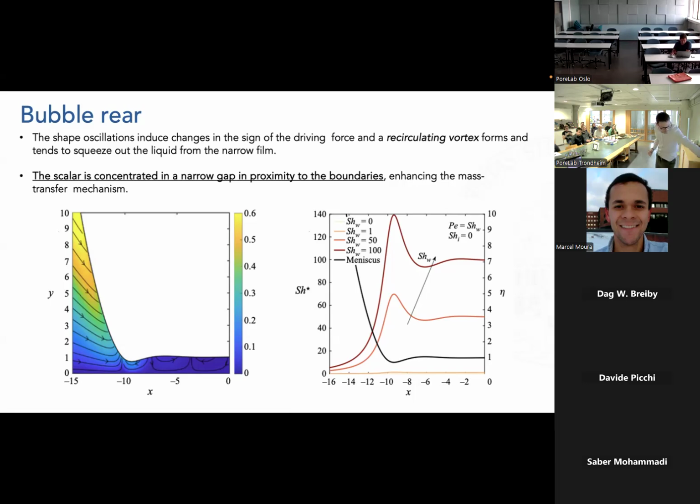So you see the formation of these recirculation vortices, and exactly at the point where you have the recirculation vortices, you see these local spikes or local minima of the superficial mass transfer. So at the end, most of the interesting dynamics in terms of mass transfer appears in the uniform film and in the back, where we see these recirculation vortices, which actually enhance the mass transfer mechanism.